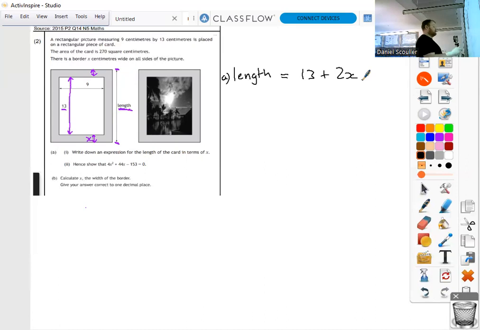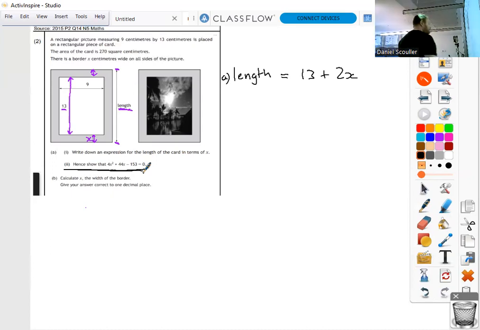This past paper question, I think, is actually quite poor. Remember, we did this in class, and I said it almost doesn't ask you enough, but they're saying hence show. What they're asking here is what the area is, because you've been given a wee bit of information. They asked a better question in the actual prelim.